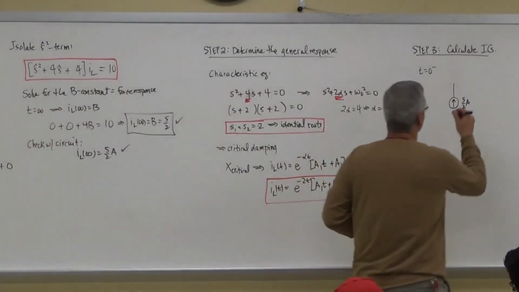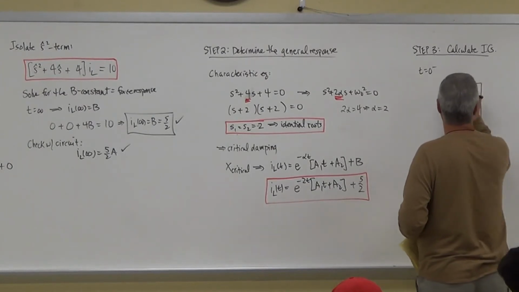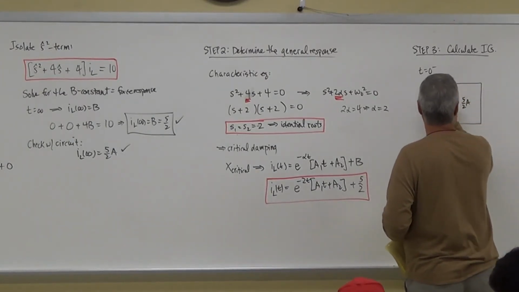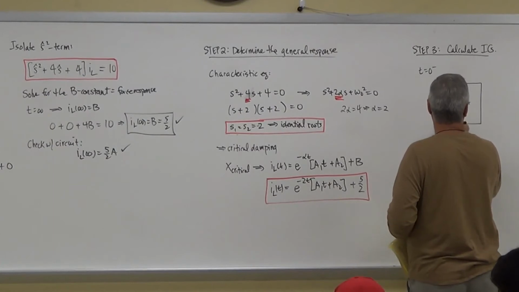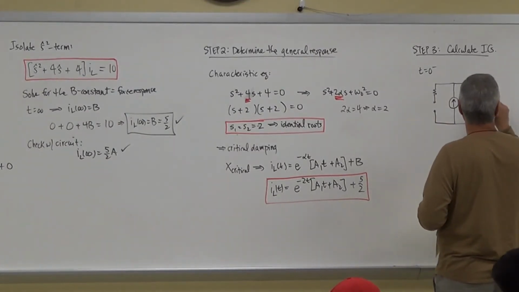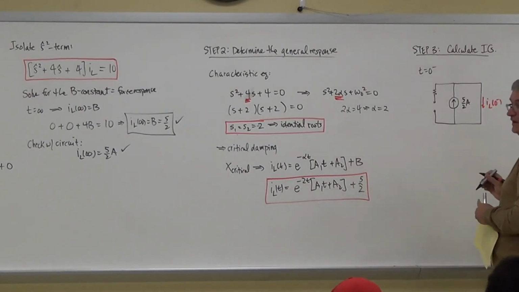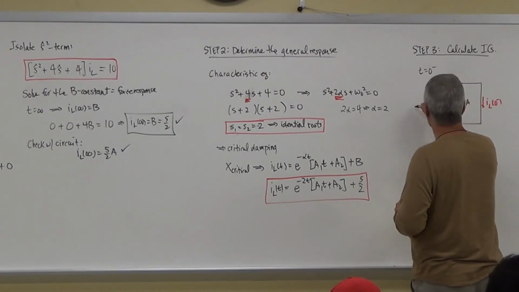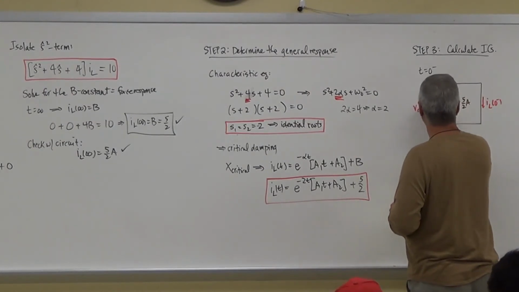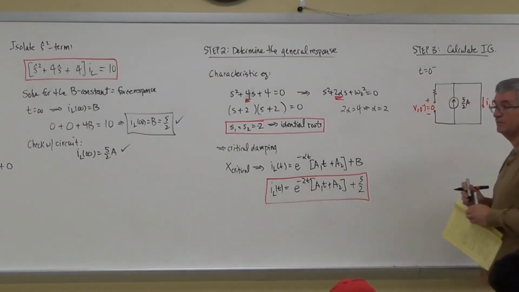So I have my inductor current looking like this, and clearly vC at 0 minus must be 0.